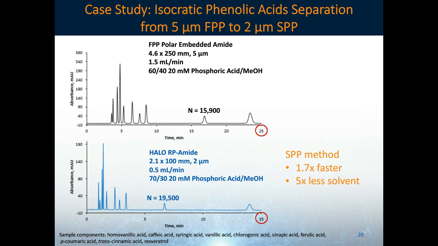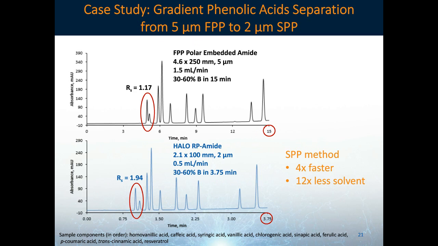And then finally, taking the same separation or the same components that were looked at from the previous slide, now we're using gradient conditions. So what you can see is on the top chromatogram, which is the 5 micron FPP column, that separation is complete in 15 minutes, and we're not getting baseline resolution on the first pair of peaks.